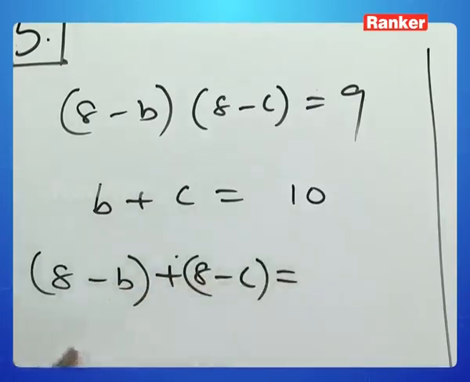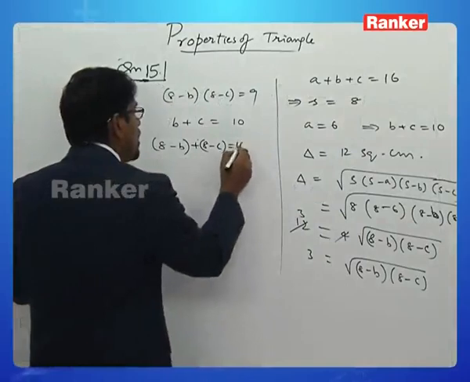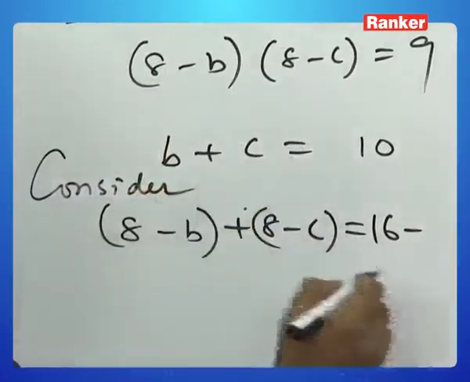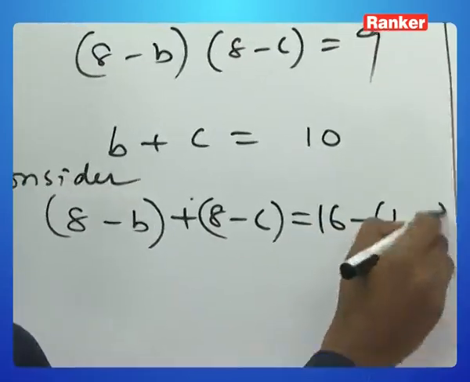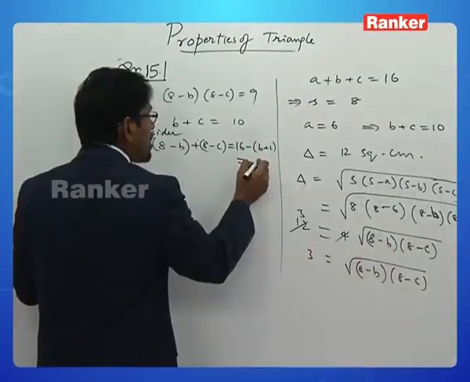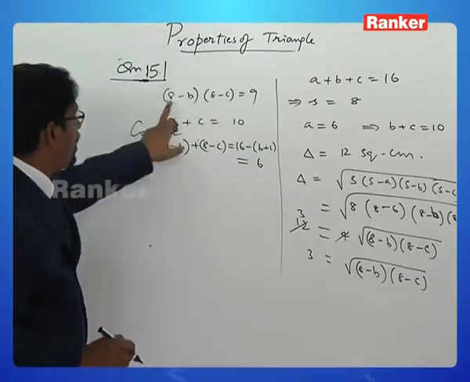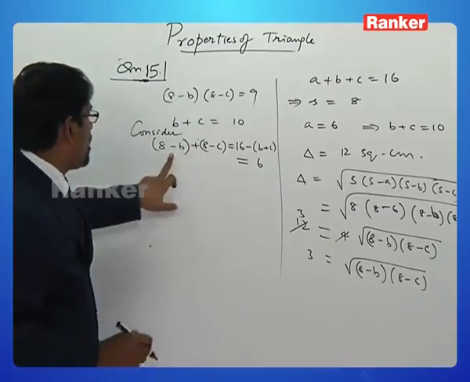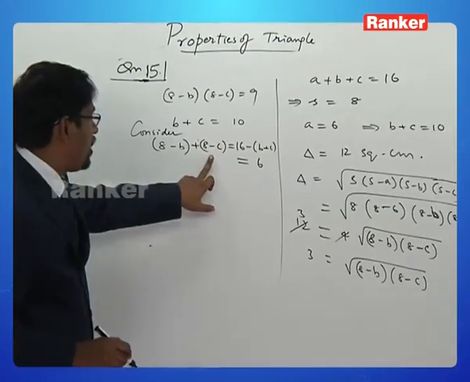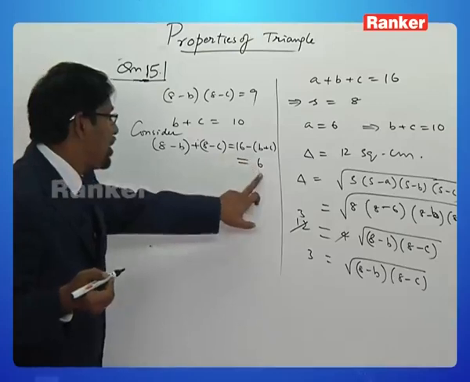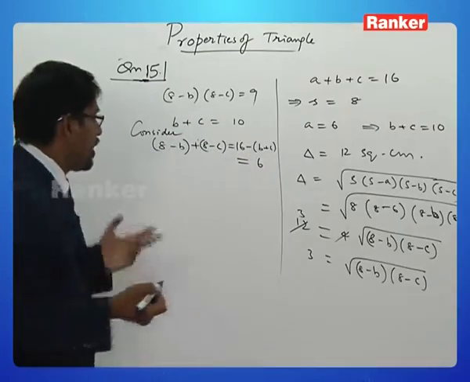That is 16 minus (b plus c), which is 16 minus 10, that is 6. So we have here the sum of two numbers, 8 minus b and 8 minus c. Let us call them x and y. x plus y is 6 and x into y is 9.